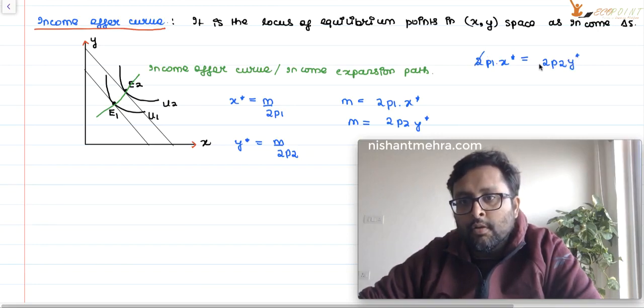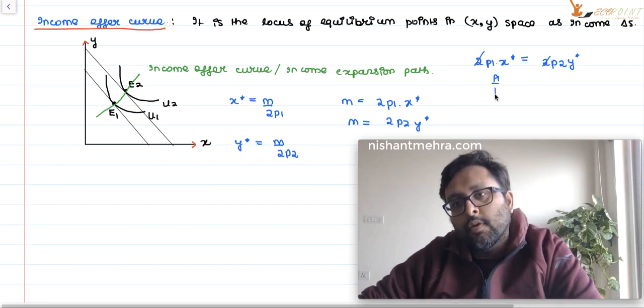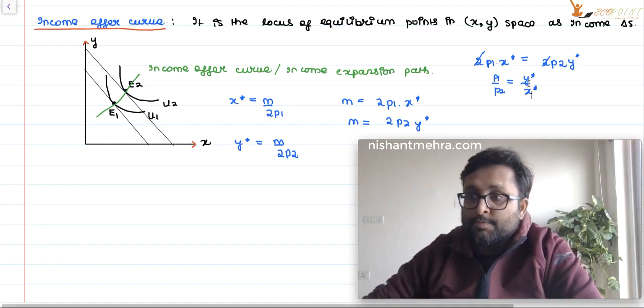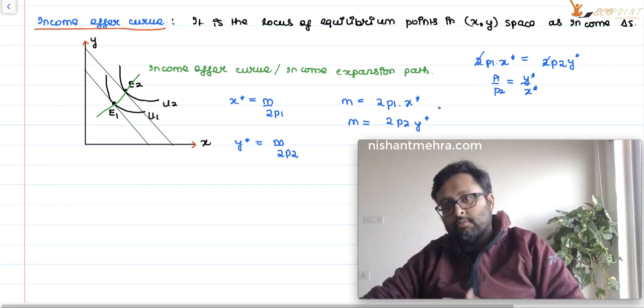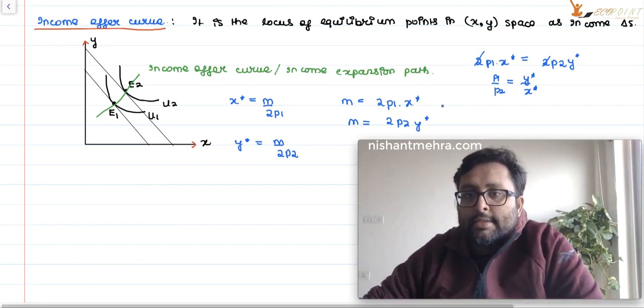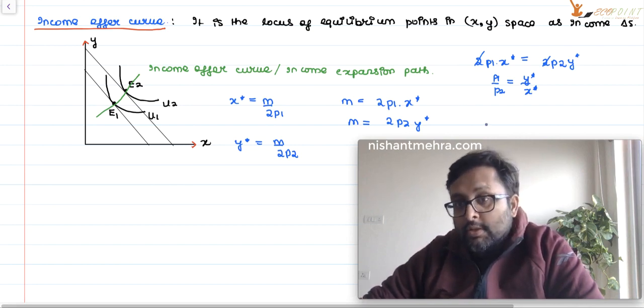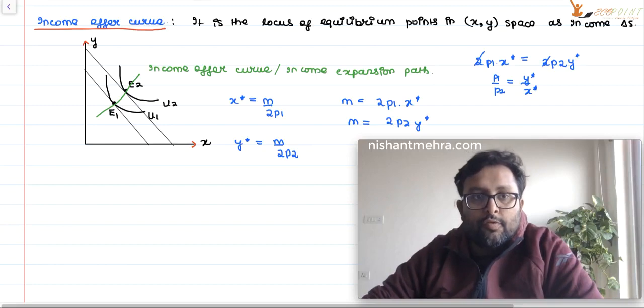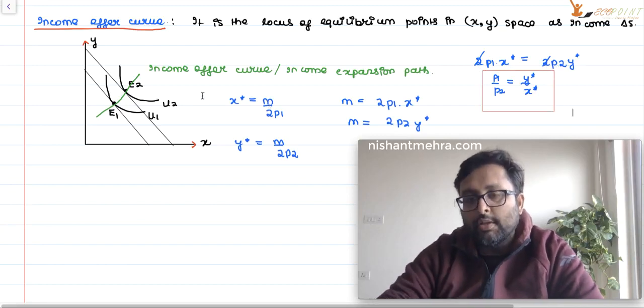So this thing is going to get cancelled and you will have P1 upon P2 equals y star upon x star. Or you can just write y star as x star P1 by P2, or x star as P2 by P1 y star. So this is the expression for the income expansion path.